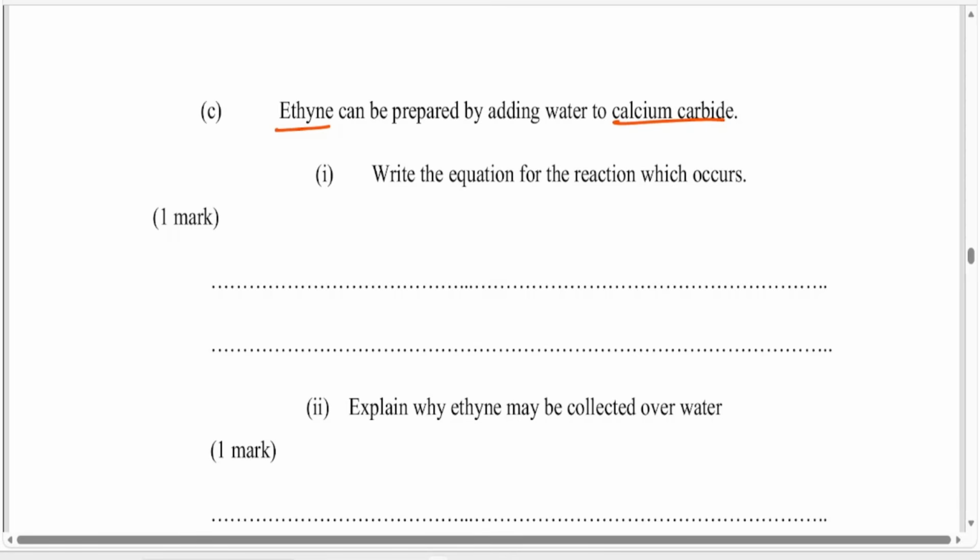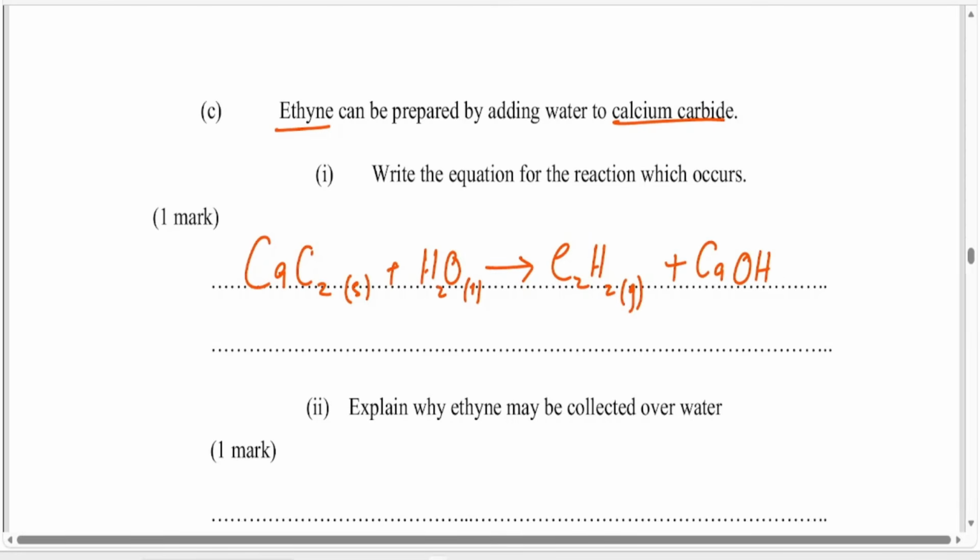So calcium carbide is written like this. It is always a solid. Then I add water, which is a liquid, and the reaction occurs and gives us ethyne, which is a gas at room temperature, and calcium hydroxide. Considering the issue of valences, put a 2 there, and this is aqueous. When you look at the equation, it's balanced.